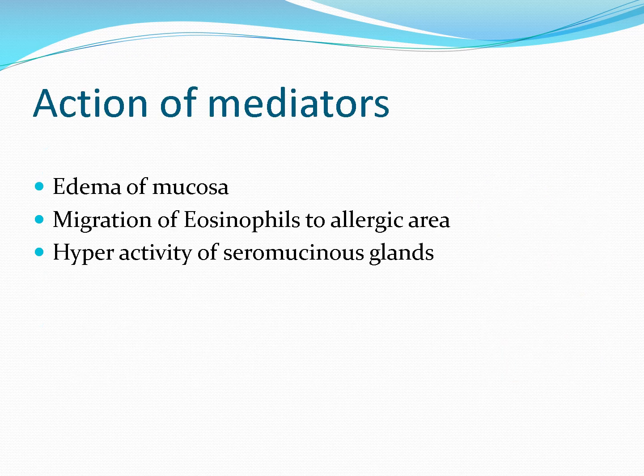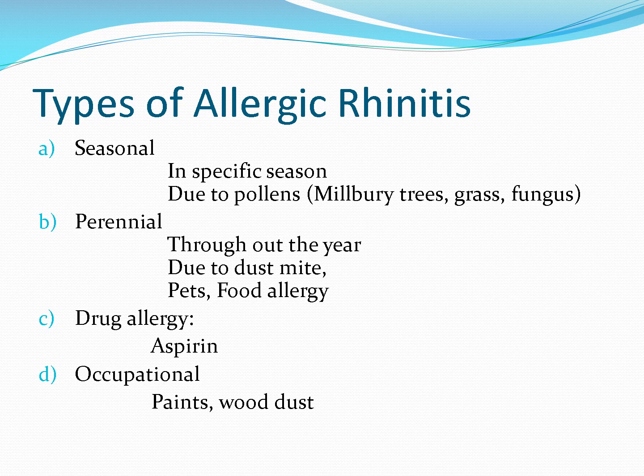So what are the actions of these mediators? They will cause inflammation of the mucosa, migration of eosinophils to the site of allergy, and hyperactivity of seromucinous glands. The secretions will be more thin. We divide it into seasonal, due to pollens, mulberry trees, grass, and fungi, which are very important.